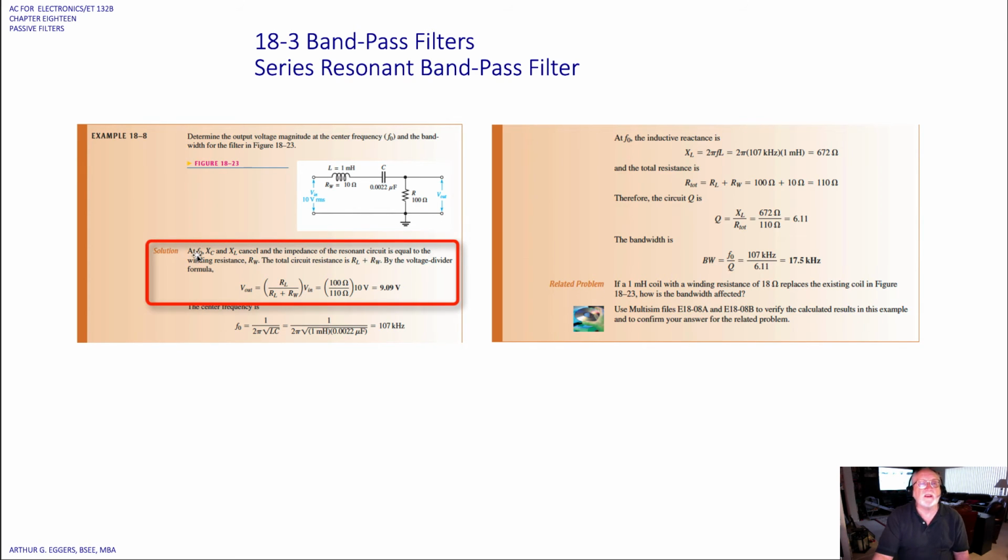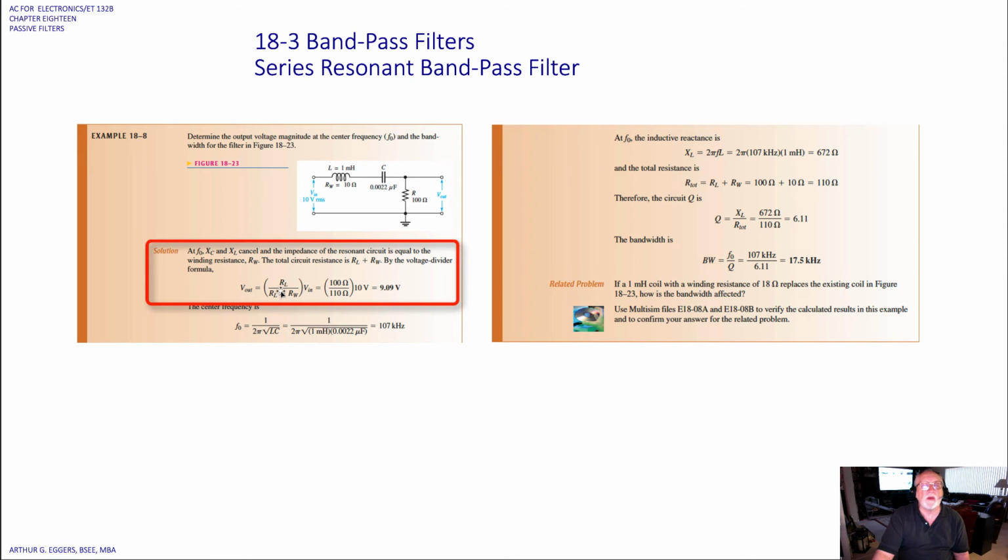So at the center frequency F naught, X sub C and X sub L are reactive components that cancel, and the impedance at the resonant frequency is equal to the winding resistance. So the total circuit resistance comes down to just that tiny little RW, the winding resistance, and the resistor.